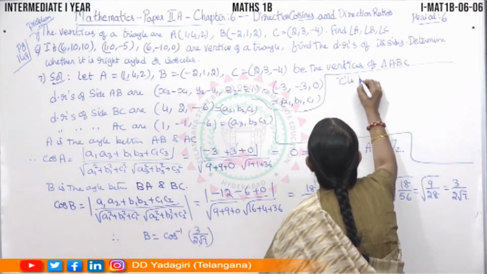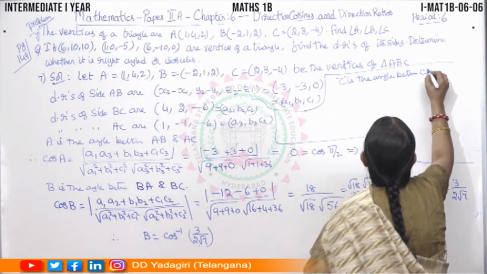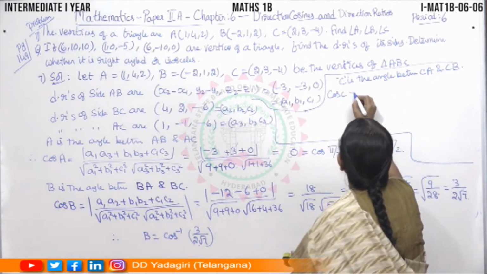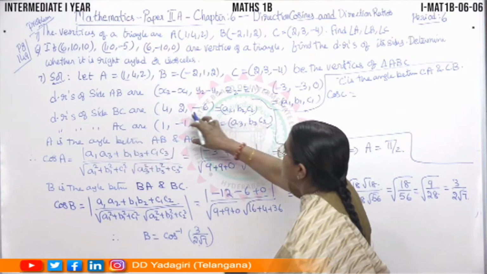So C is the angle between CA and CB. So cos C is equal to CA or AC is this. CA and CB means this.